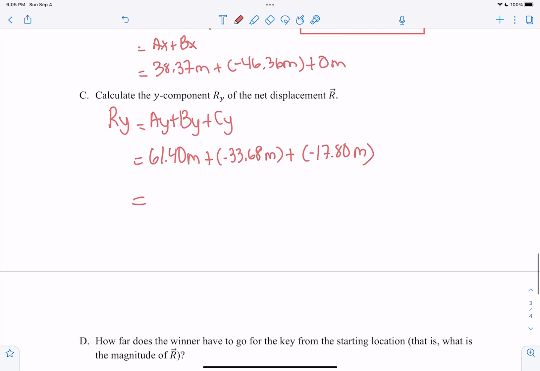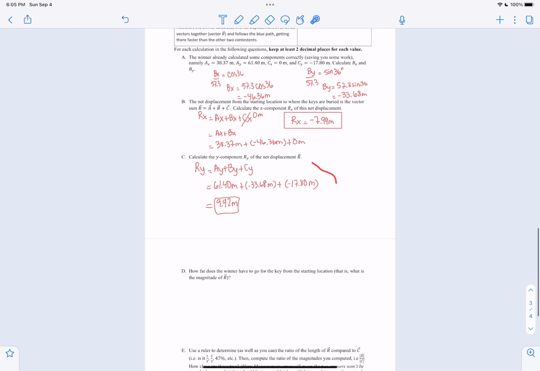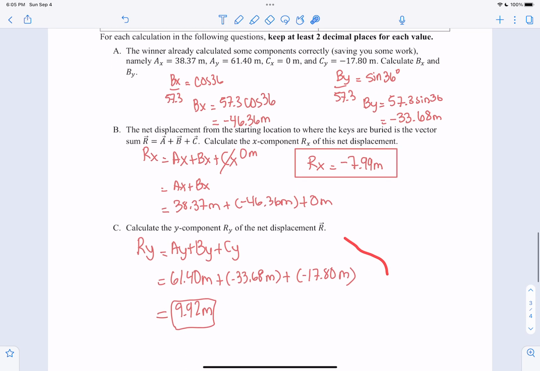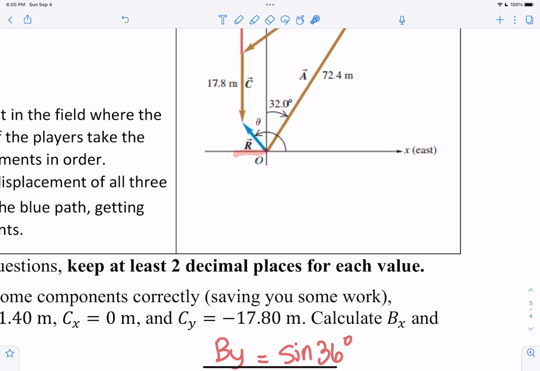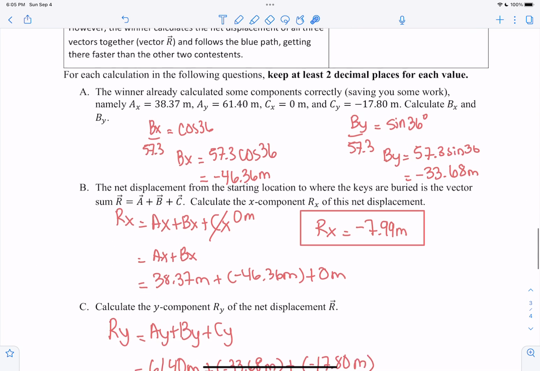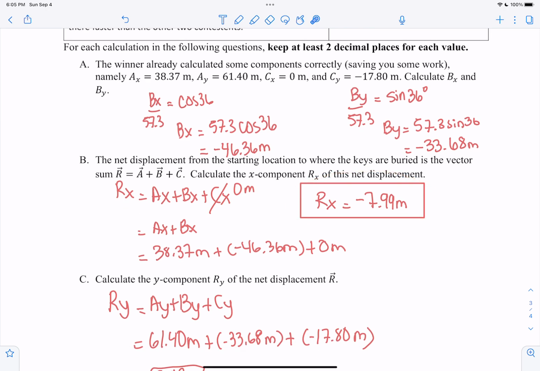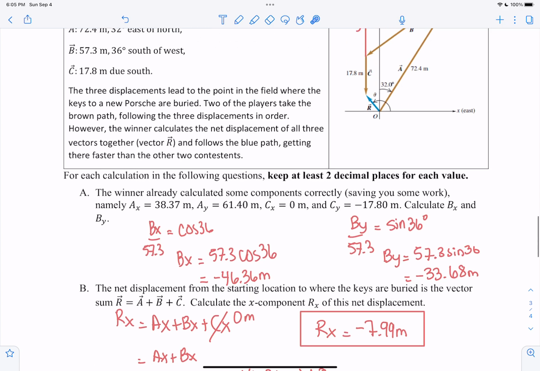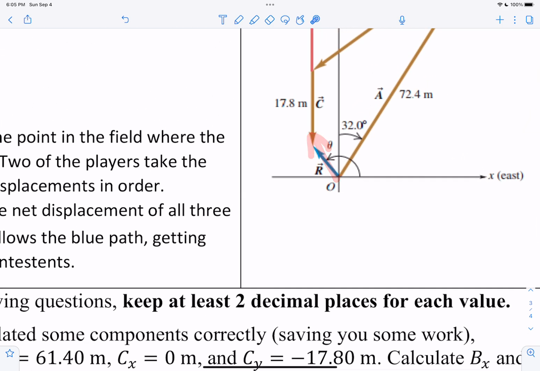Let me know what you guys got for ry as well. 9.92 meters, yep. And then you can do kind of like a sanity check and see if it matches up with your picture. So we should definitely have our rx component be negative because it's in the western direction, it's in the negative x direction. So rx was negative 7.99 meters, that checks out. And then this was positive 9.92, and that makes sense since it's in the north direction, right?